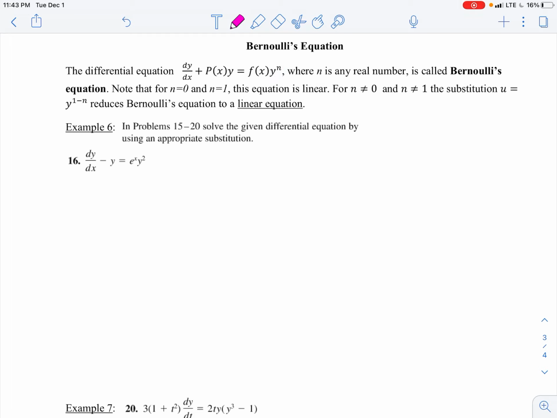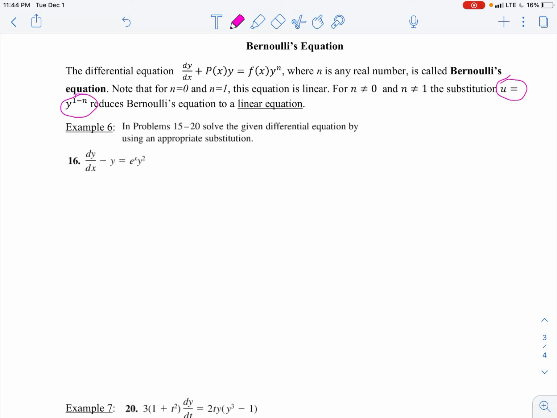Again, n can't be any power other than 0 or 1 for the equation to be linear. Because it's going to be a number that's not 0 or 1, we're going to do another u substitution, where u is equal to y to the 1 minus n power.